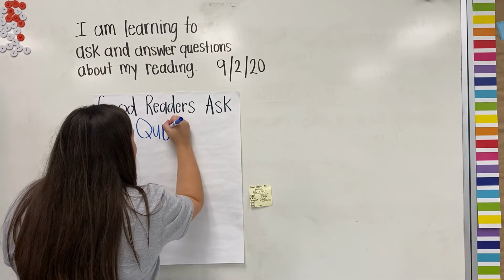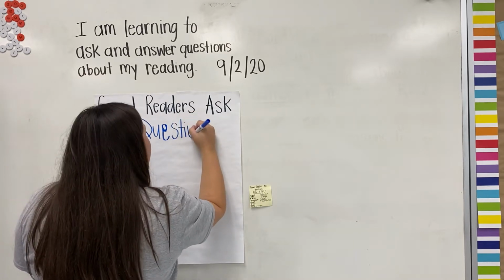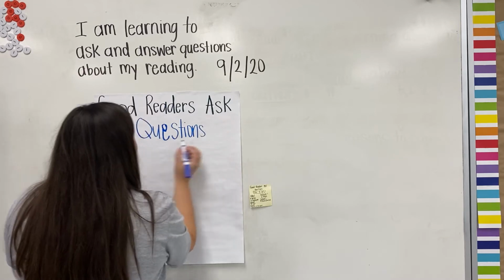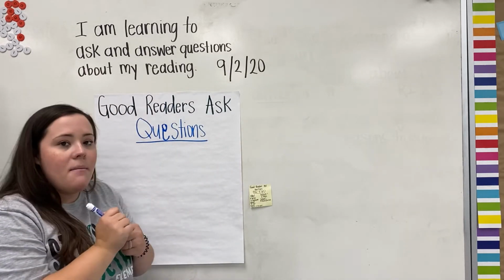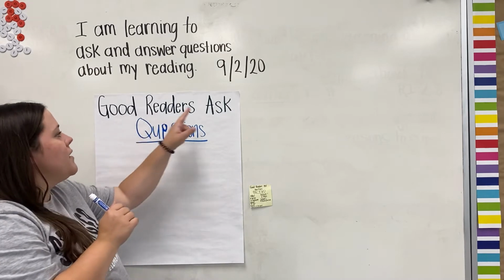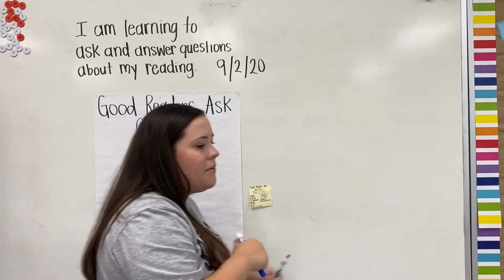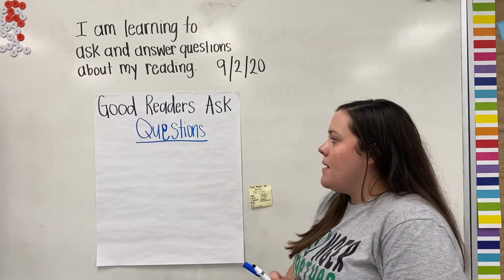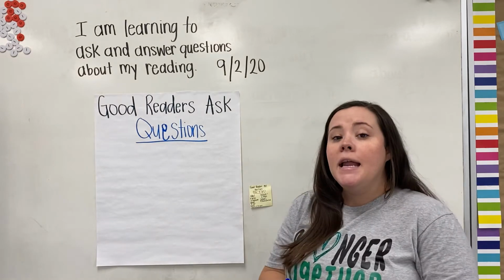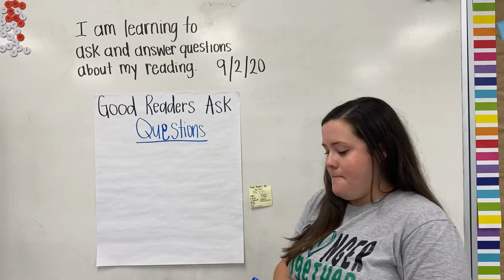Messed my E up a little bit. I'm just going to underline that. So on my paper, I want to put good readers ask questions. I'm going to give you just a second to copy that on your paper. Again, if you need to pause the video to copy this, please go ahead and do that.